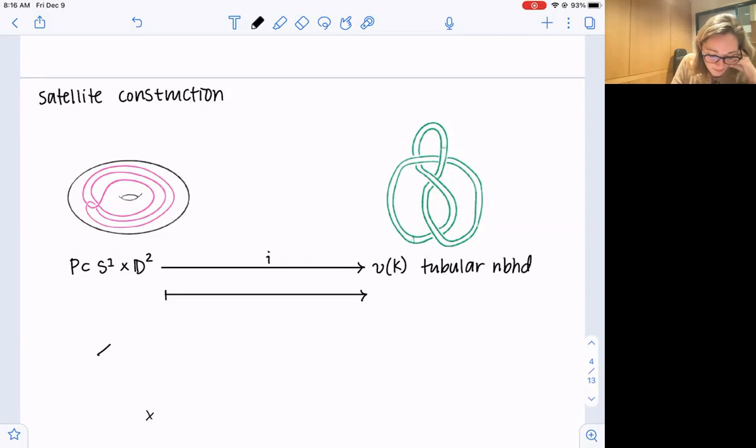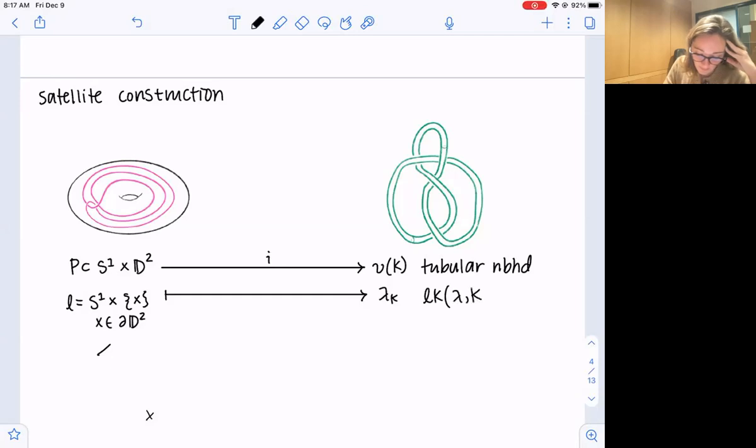We'll map it in such a way that the longitude, described by S1 cross a point where the point is in the boundary of D2, gets sent to the Seifert longitude of K, which is the 0-framed longitude. We think of this as the longitude with linking number 0 with our knot.